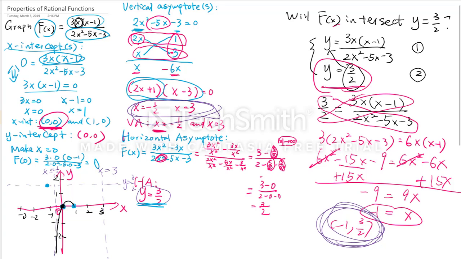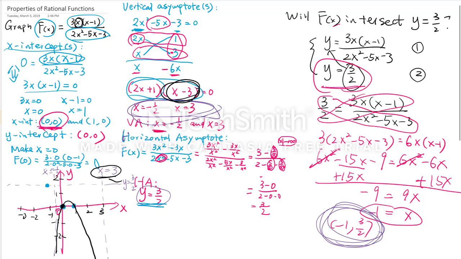You connect those, passing the x-axis, and same here. The multiplicity for this one is also odd, so pass this one, go down here. Alright, so since the multiplicity for this vertical asymptote is also odd, how do we know it's odd? Because that only appeared once in the denominator.